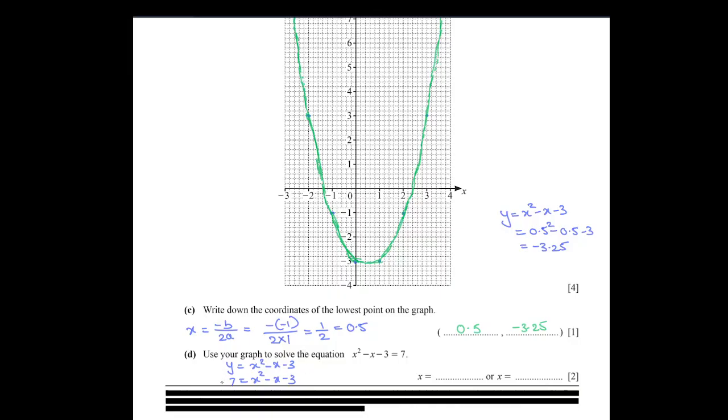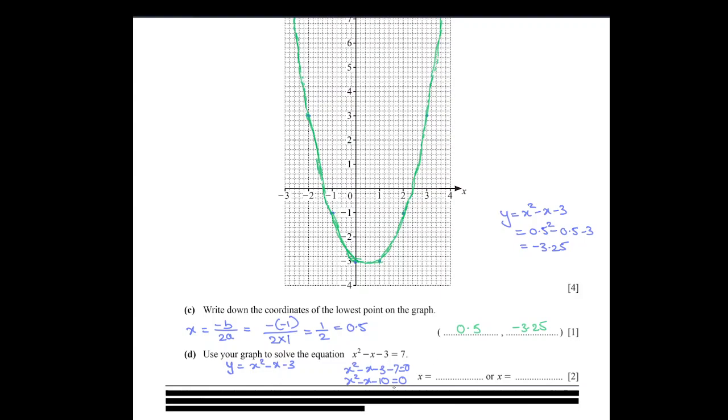We'll bring the 7 onto the left hand side. Minus x minus 3 minus 7 is equal to 0. So x square minus x minus 10 is equal to 0.